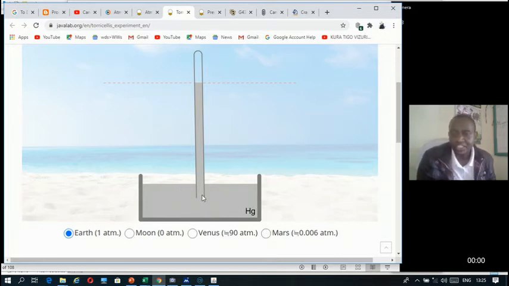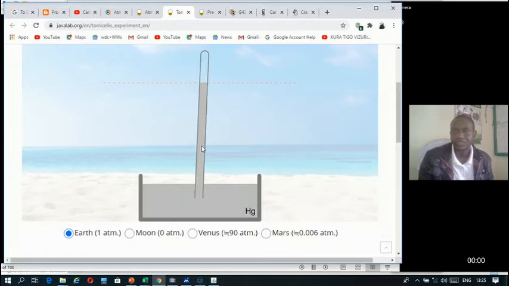As atmospheric pressure acts here, it closes here for the liquid not to come out. So if we measure this column supported here, we can get the atmospheric pressure of a place, because it is the pressure due to the liquid column at this particular point.